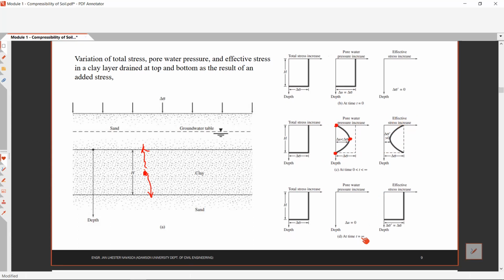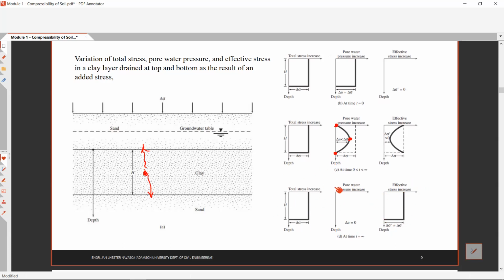Now, at time t equals infinity, or let's say a complete settlement, okay, delta H is equal to delta sigma. This one is the total stress increase equal to the pore water pressure, now equal to 0 since complete na yung settlement. The delta U is equal to 0, and the effective stress increase is approximately equal to the total stress increase.